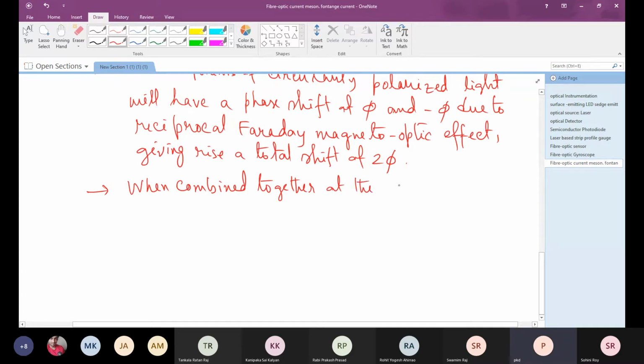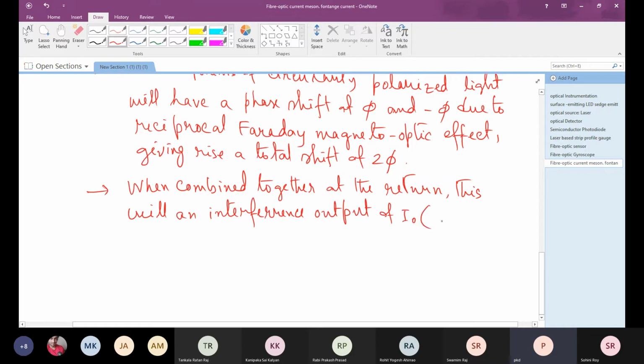At the return, this will produce an interference output of I0 times 1 plus cosine 2 phi.